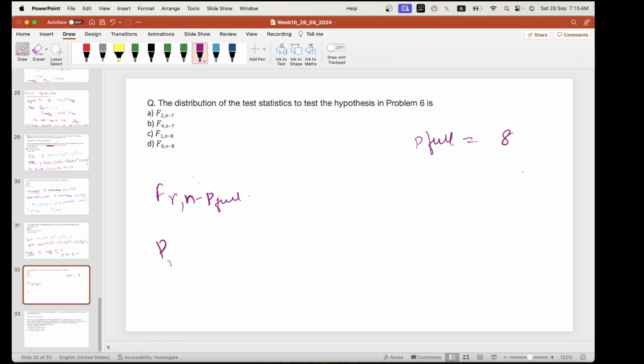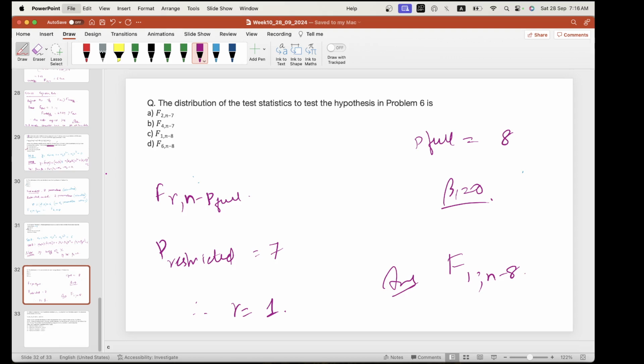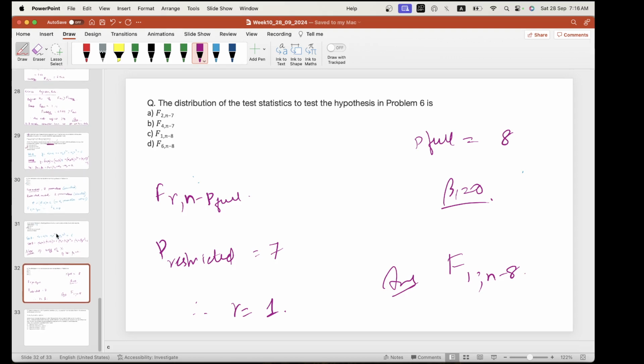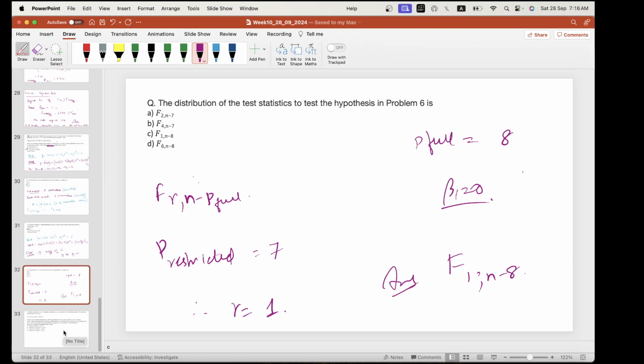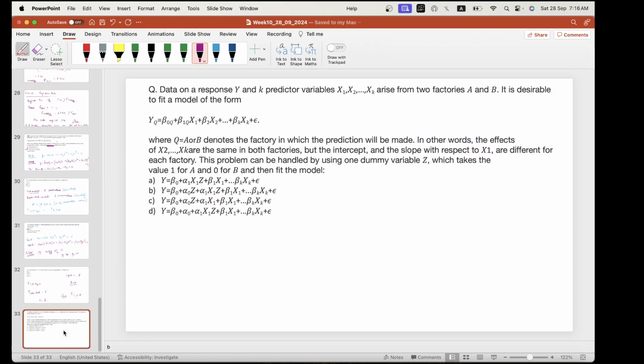And P restricted is how much? It is actually 7, because only beta 1 is set to 0. So therefore R will be 1. So the answer is that F will have 1 and n minus 8 df. Okay, now let's move on to the next one.